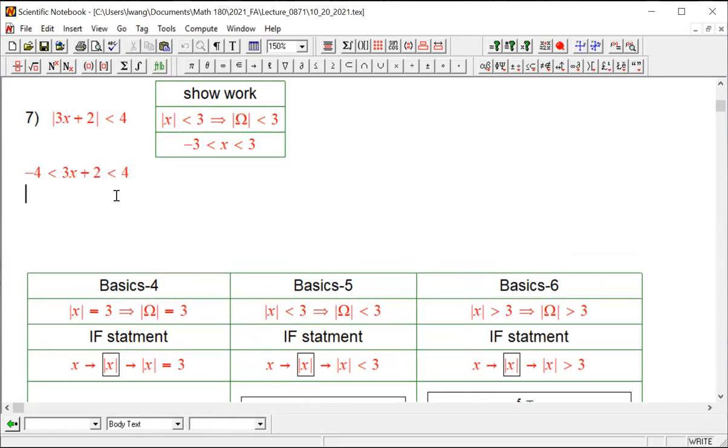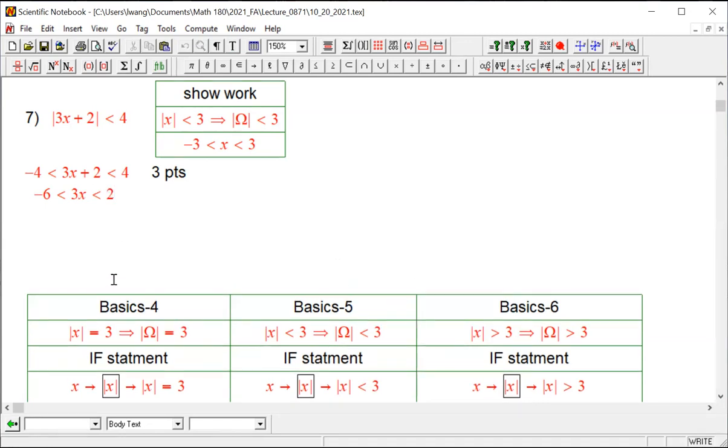When you do this, if I'm teaching your class, this is 3 points. This point is critical. Then I subtract 2 on both sides, so I get -6 less than 3x, -2 on every side. Subtracting 2 on every side and dividing every side by 3, I get -2 less than x less than 2/3.